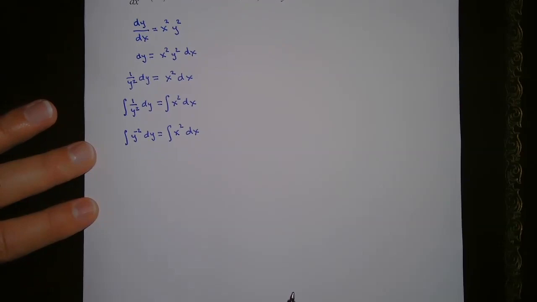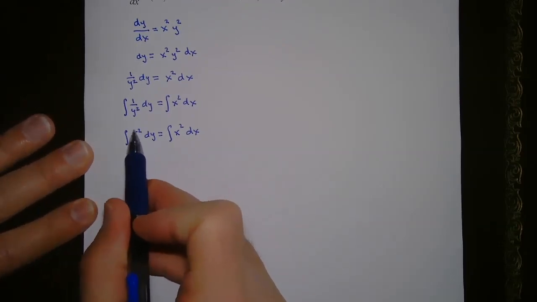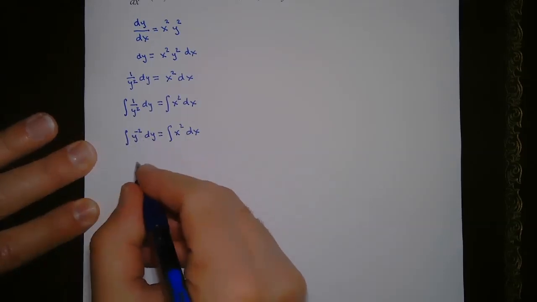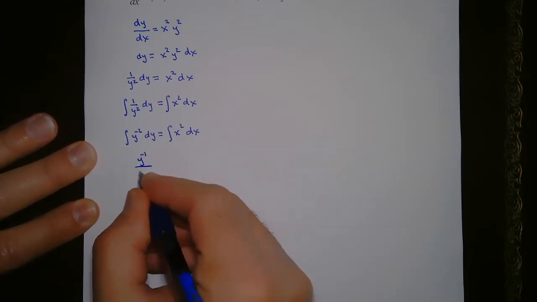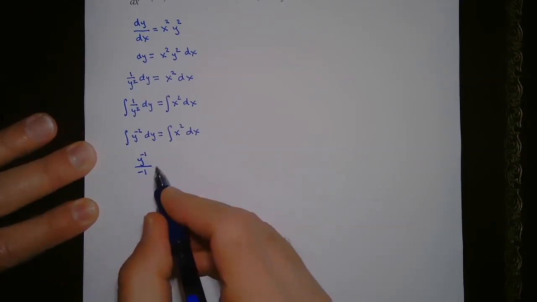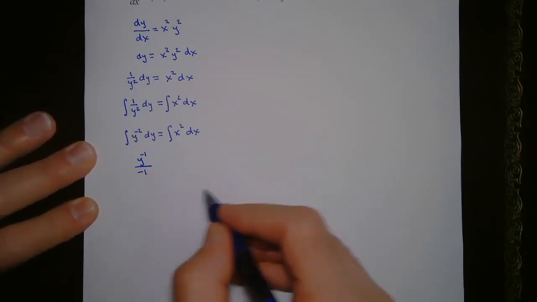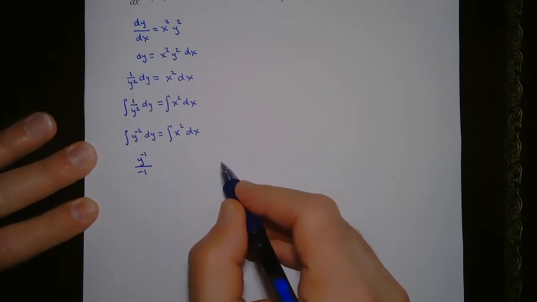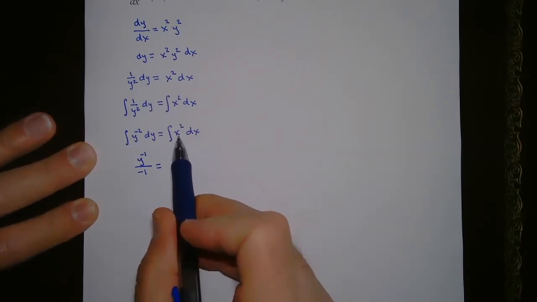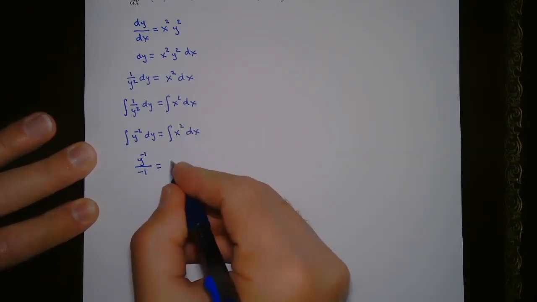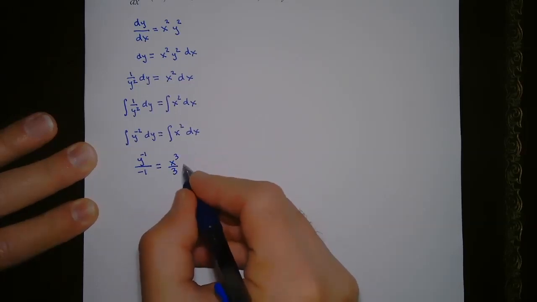I'm going to slide this up a little bit. So for the integral of y to the negative 2, we need to add 1 to the power. Adding 1 to negative 2 gives us negative 1. So this would be y to the negative 1 over negative 1, that new power, plus a constant. Now I'm going to hold off on writing that. There is a constant here, but I'm going to move it to the other side and make it one big constant on the right-hand side. So this is going to equal x cubed over 3 plus your constant.